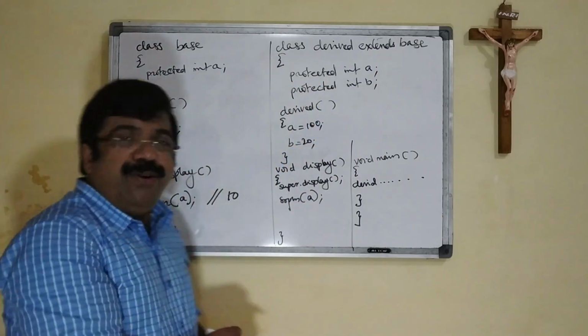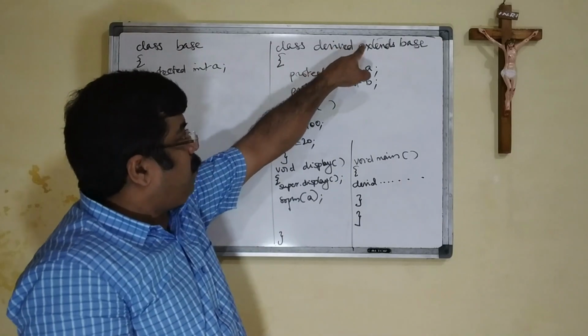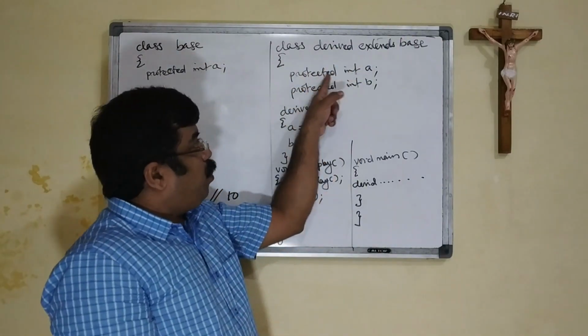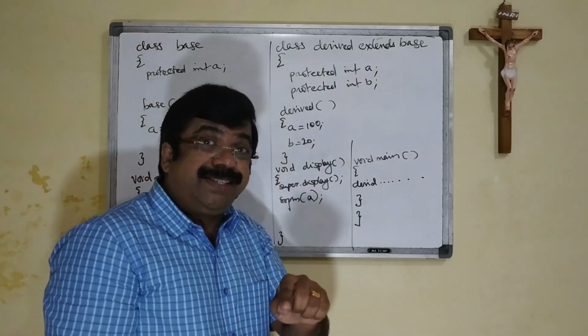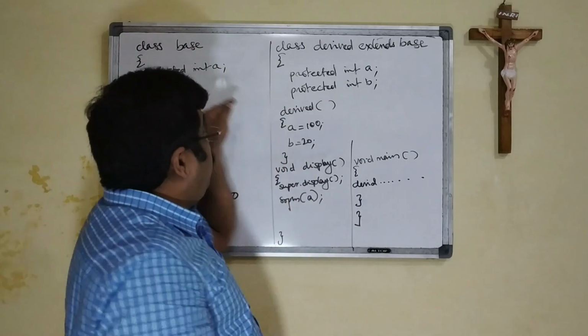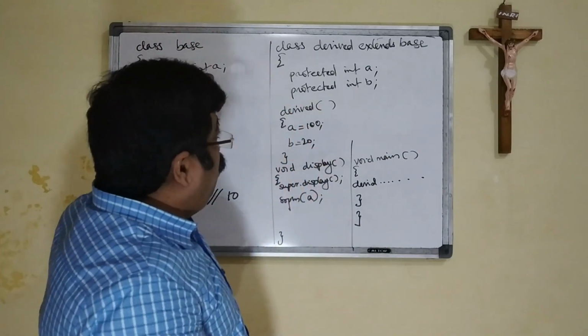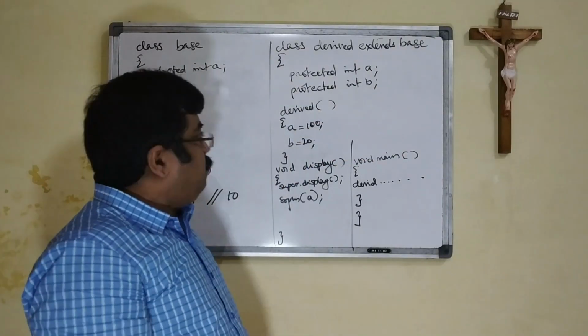Okay, we have the derived class. Class Derived extends Base. Protected int A. Variable A is already there in the base class. So what will happen? This variable will become hidden in the derived class.